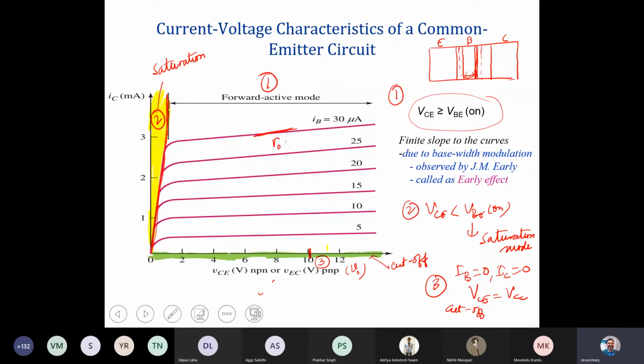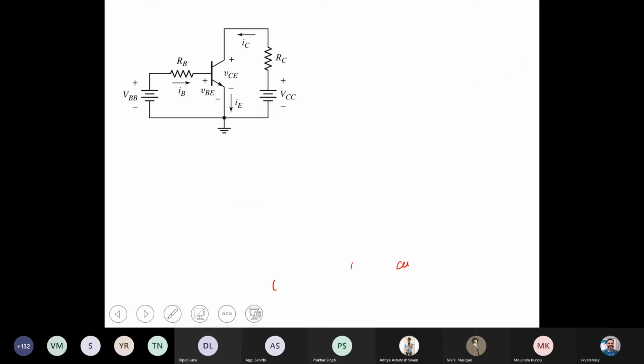Let's look into this circuit, the simple circuit. We can redraw the circuit in a simple way, since it's a battery and a PN junction.